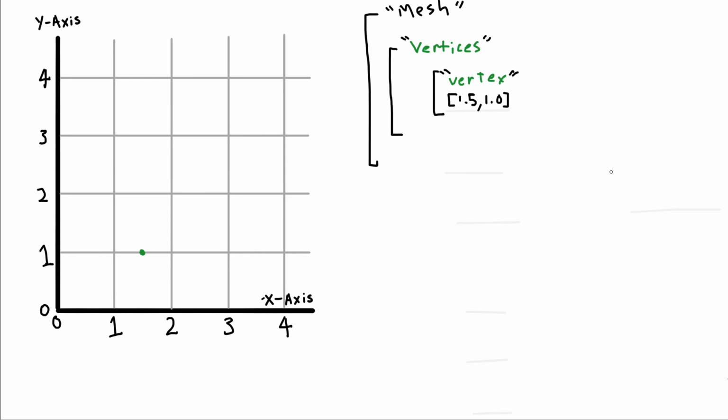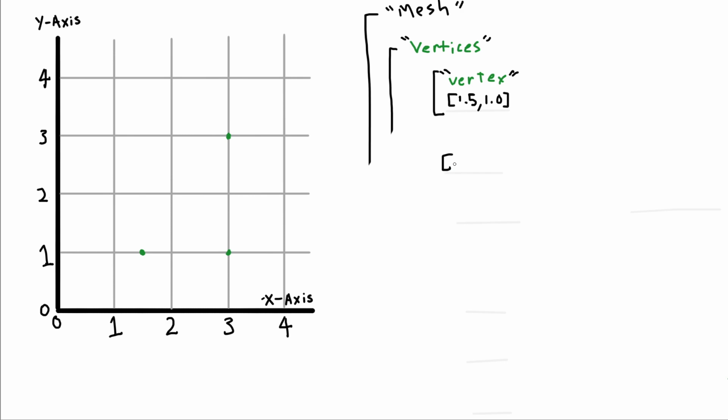But we want to get a little bit more complex here, so let's add some vertices, and we'll put one at 3.0 comma 1, and we'll put another one at 3.0 3.0. And let me put those into our list over here, or rather our mesh data.